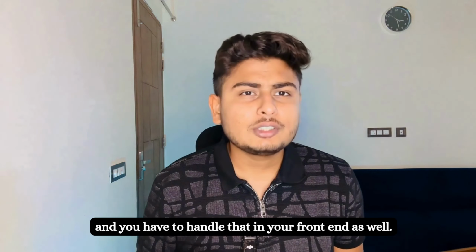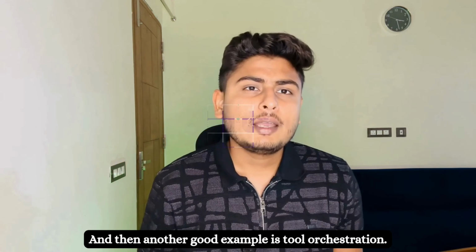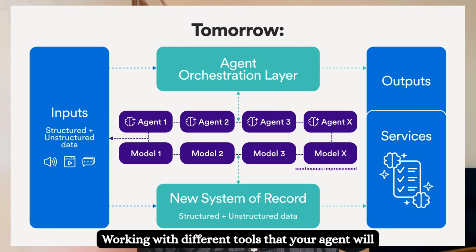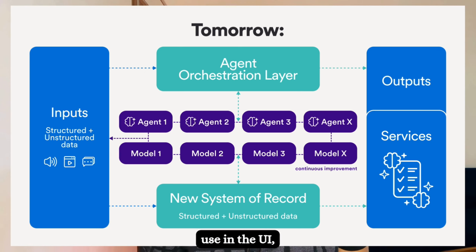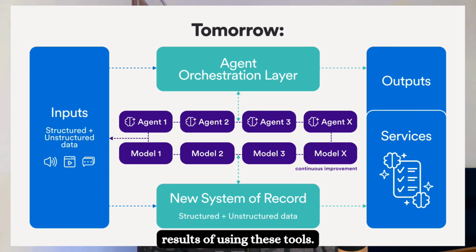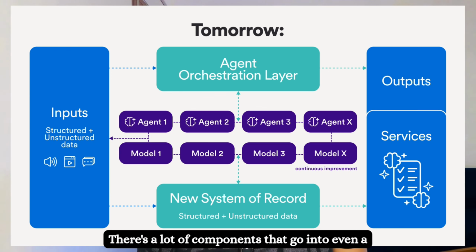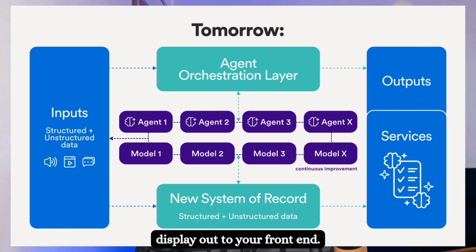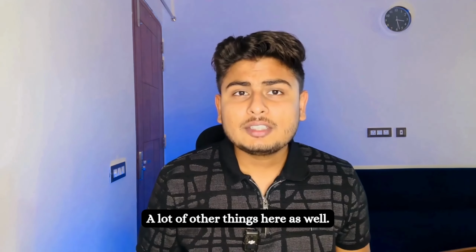And you have to handle that in your front end as well. And then another good example is tool orchestration, working with different tools that your agent will use in the UI. Oftentimes it needs to show progress and the results of using these tools. There's a lot of components that go into even a single execution of an agent that you want to display out to your front end. A lot of other things here as well.